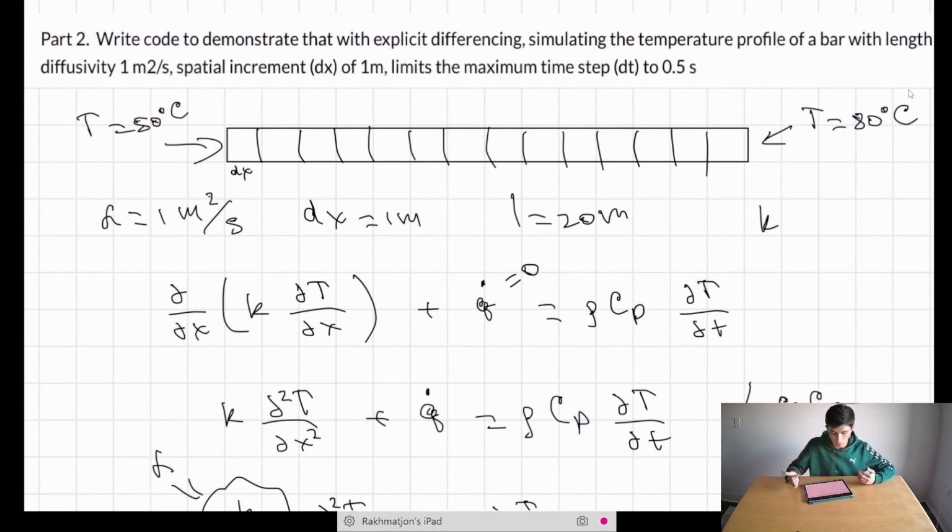So in our bar, let's say we're going to divide it into several parts. We're going to mark each one as j, so it's going to be first, second, third, fourth, fifth, and it's going to go up to n.